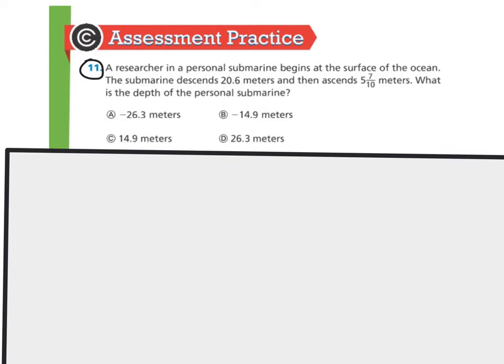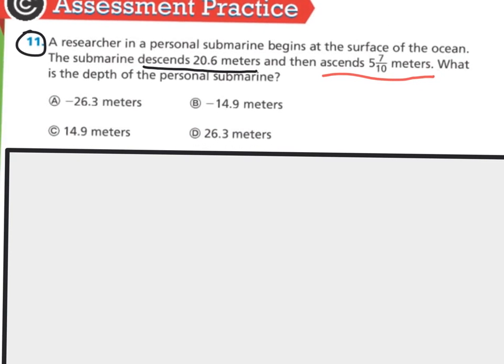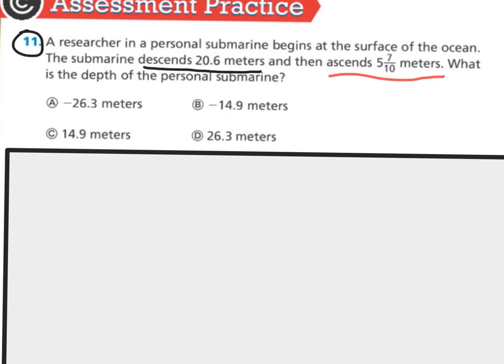Number 11, a researcher in a personal submarine begins at the surface of the ocean. Submarine descends 20.6 meters, then ascends 5 7/10 meters. What is the depth of the personal submarine? Okay, so this one with our religion background, we may know about these things.